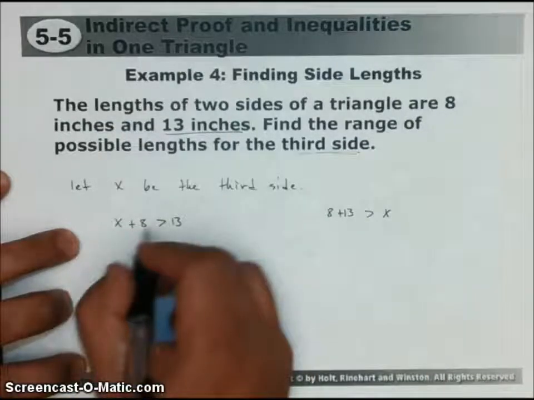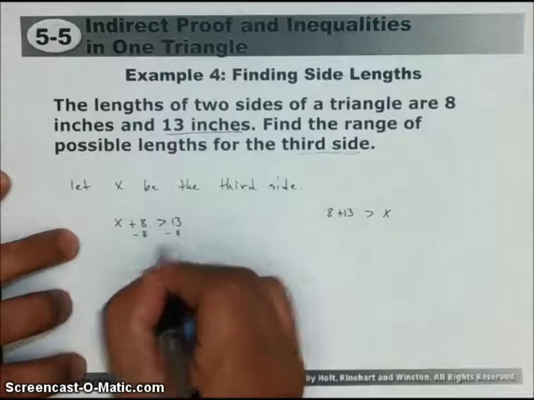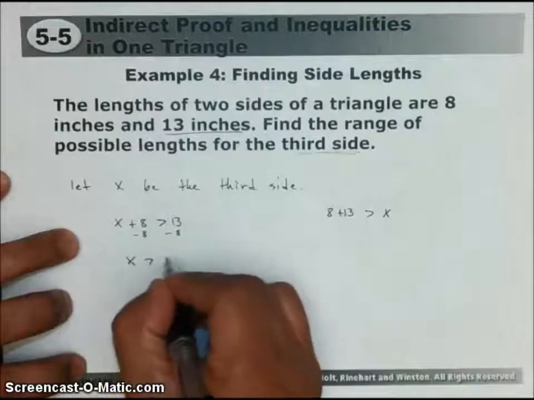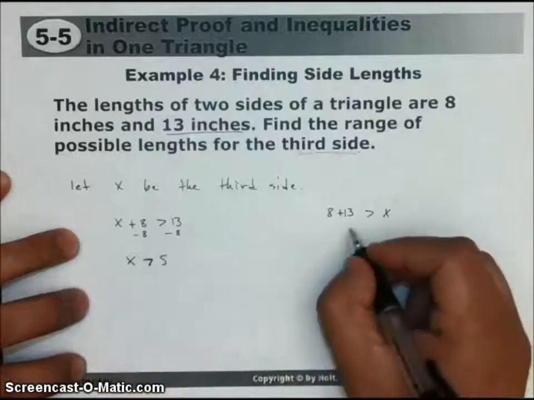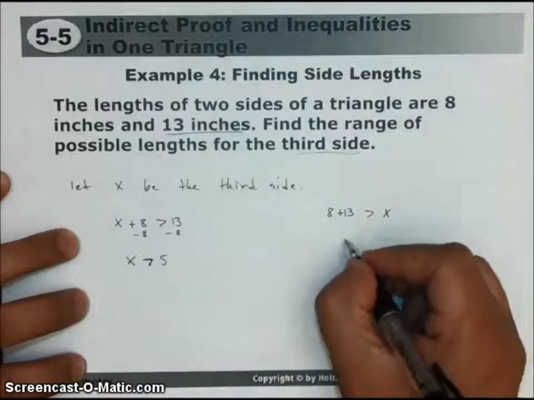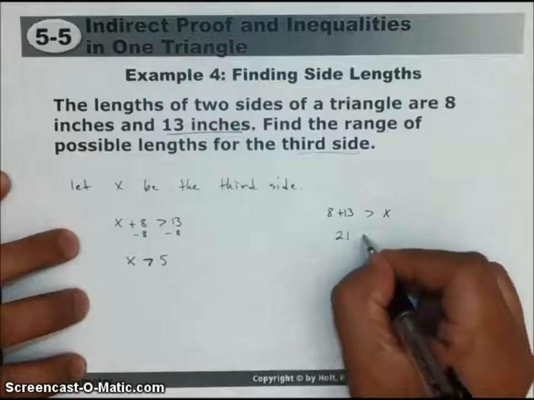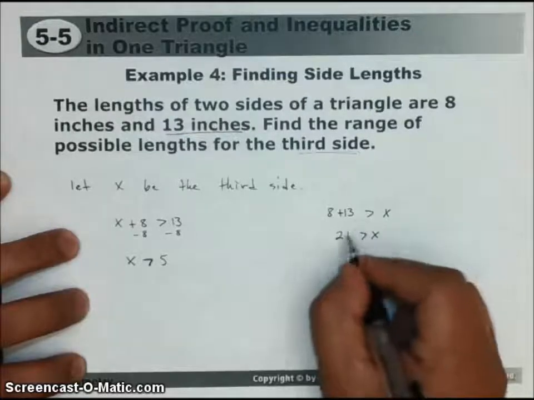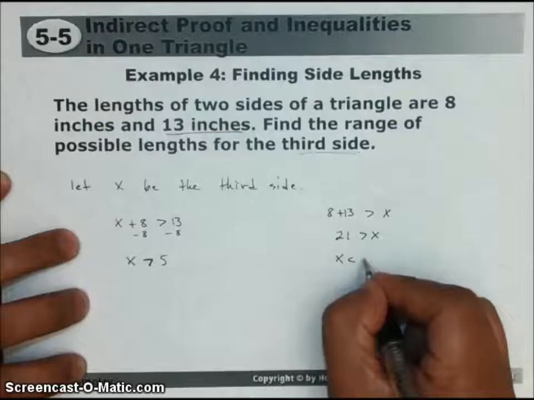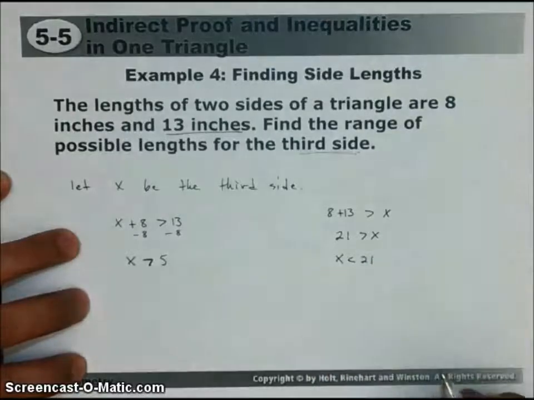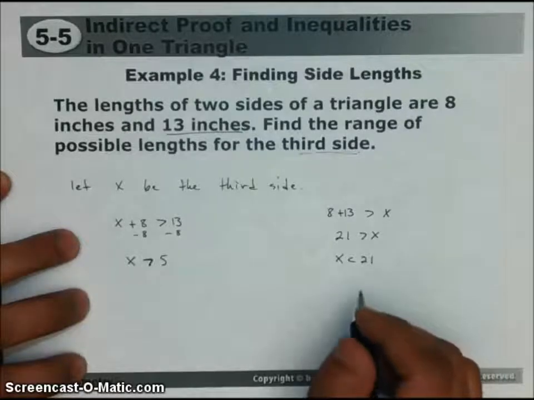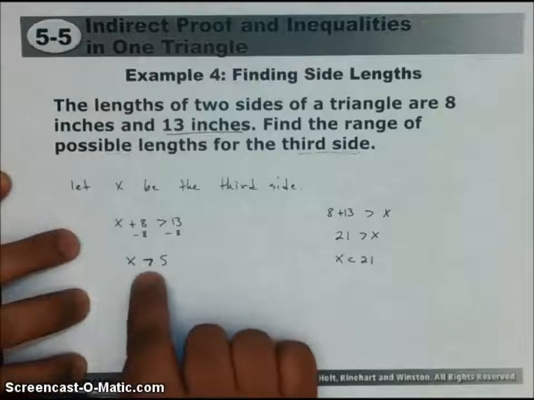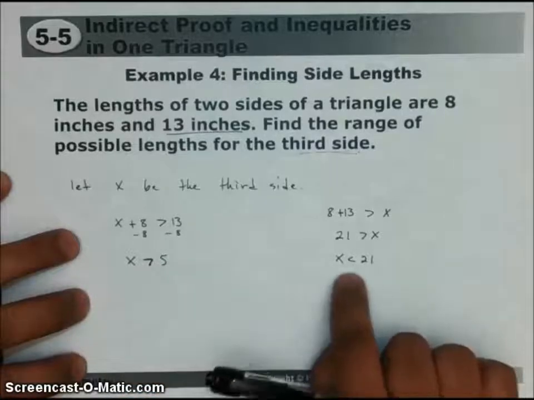So in both cases, we're going to do some algebra. I'm going to subtract 8 from both sides. This tells us that x has to be greater than 5. And over here would tell us 21 is greater than x. Now I can rewrite this and say x has to be less than 21. So x has to be greater than 5 and x has to be less than 21.